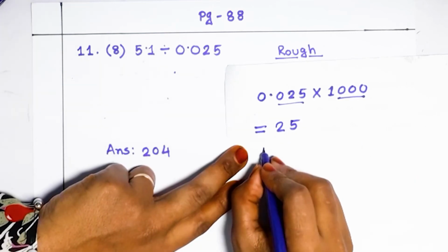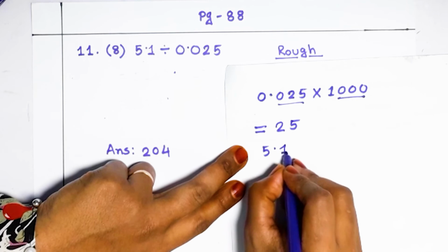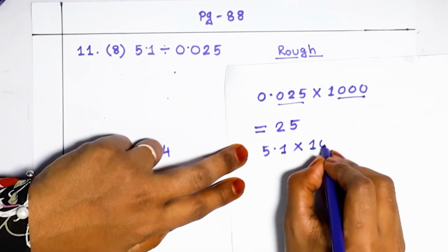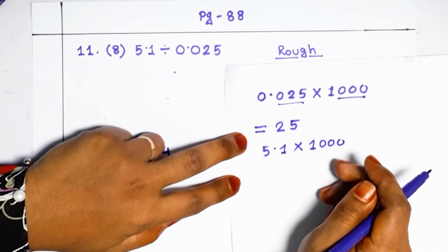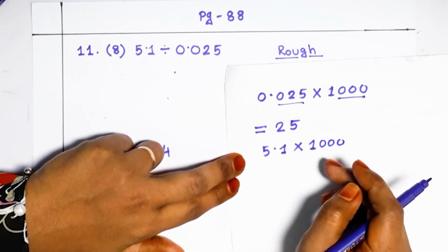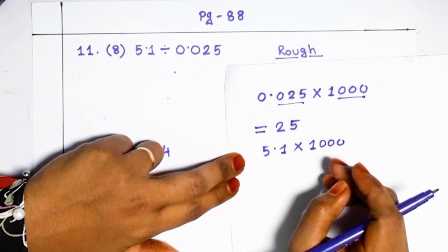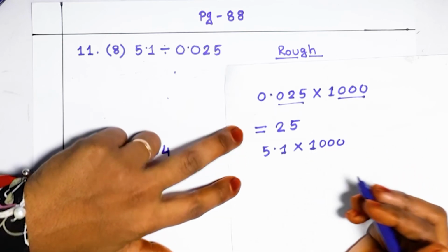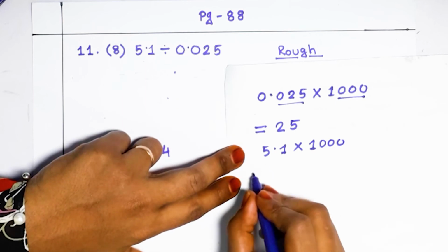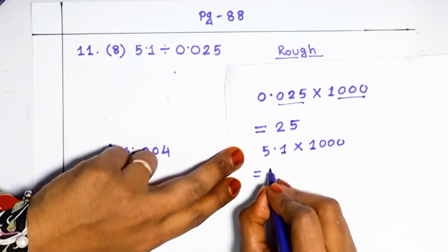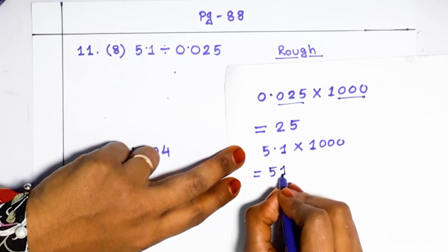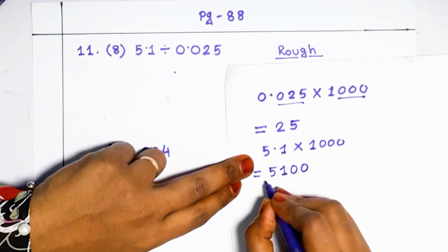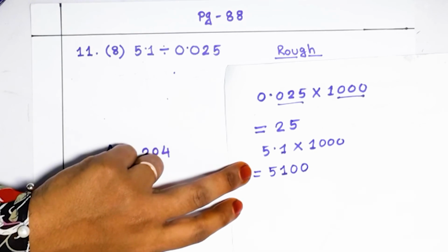And 5.1 also multiplied by 1000. Because the quotient remains the same when multiplying both dividend and divisor by the same number. Now, here is 5100.